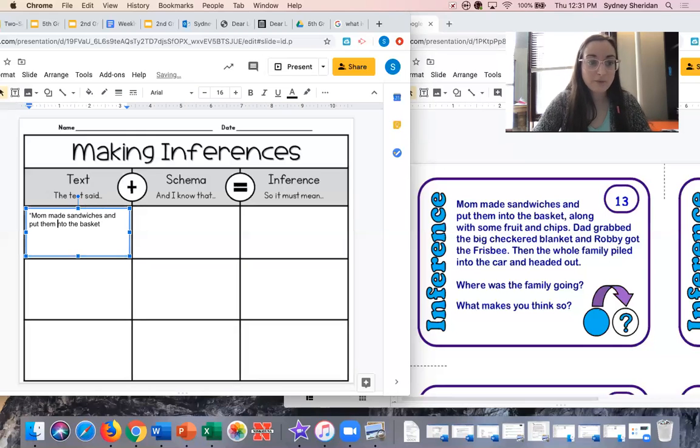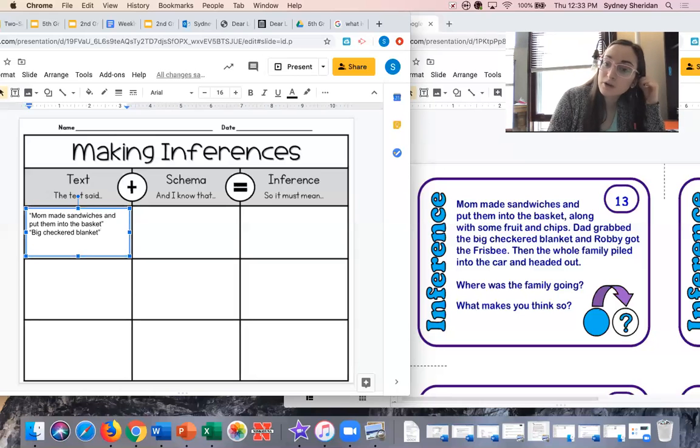Because when I was thinking about where they're going, I was thinking, what kinds of things are they bringing to go to this place? How are they traveling to this place? What kinds of supplies are they bringing? So I know they're bringing sandwiches in a basket. I know that Dad grabbed a big checkered blanket. So I'm going to write big checkered blanket because that feels like another clue for me, another type of supplies that they're bringing with them for this place that they're going to.